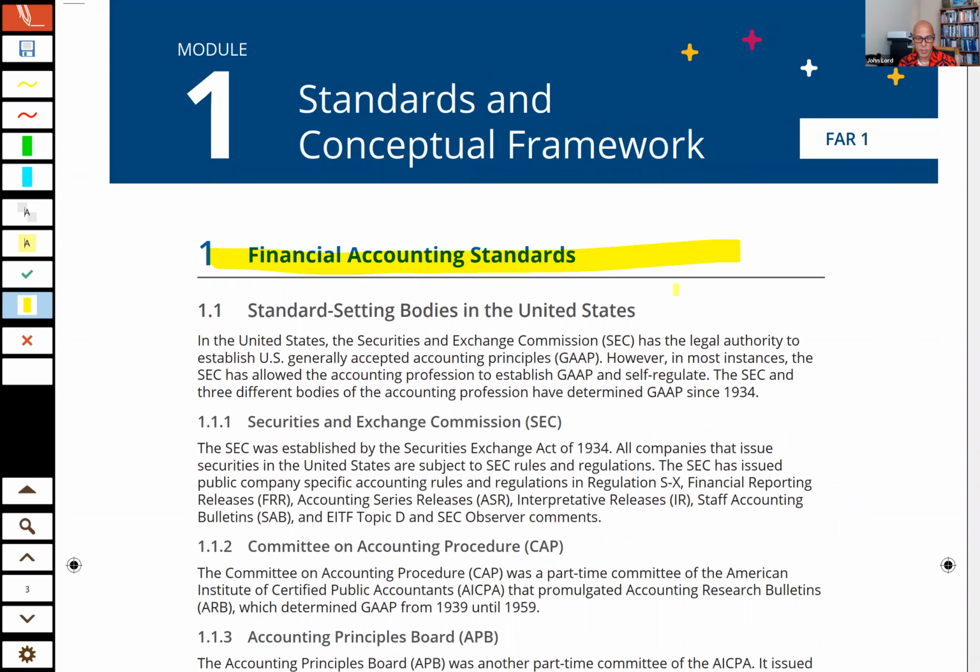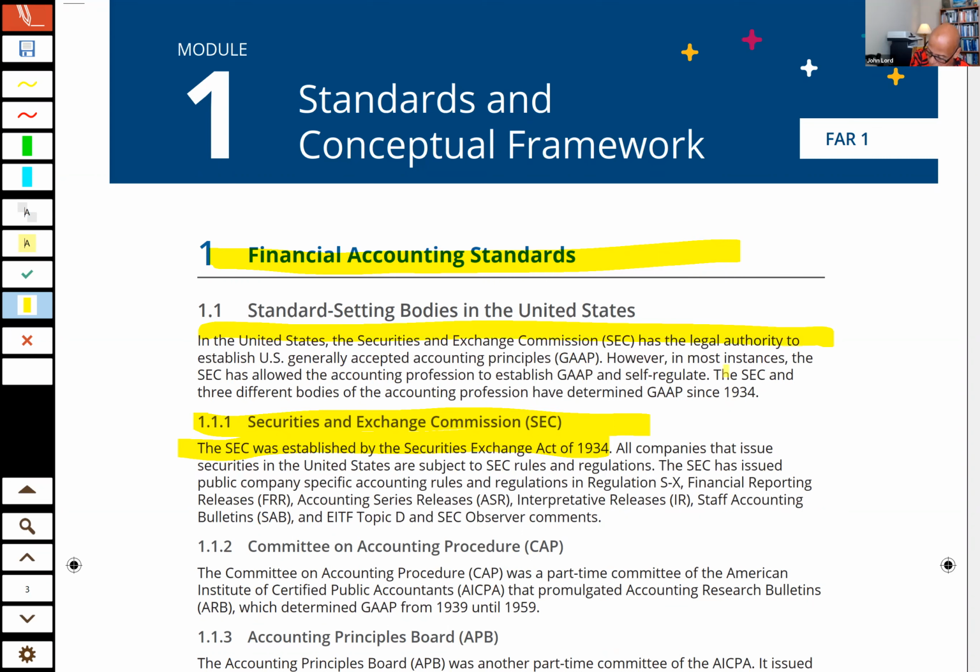Now, what we're going to see is that the SEC in its infancy, I don't know how to say infancy, when it was a baby, turned its standard setting authority over to the private sector. Then there have been a series of private sector entities that set the accounting standards, and they are recognized by the SEC. But the SEC has the legal authority to set accounting standards, and they continue to weigh in to a certain extent with various publications to this date.